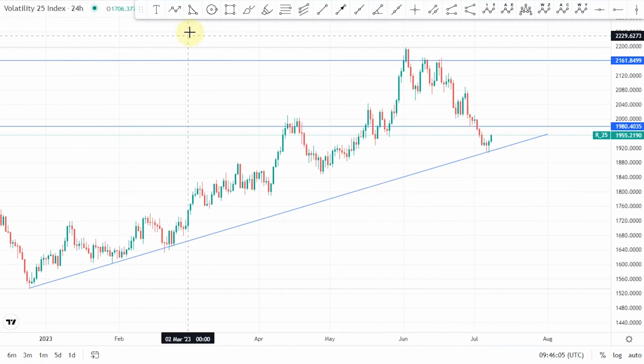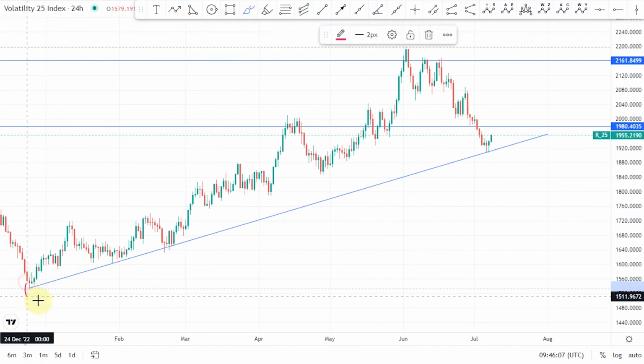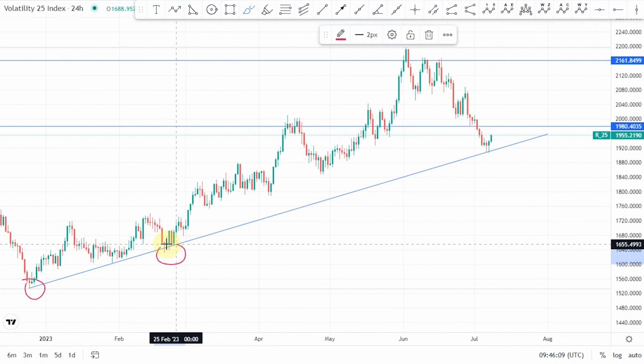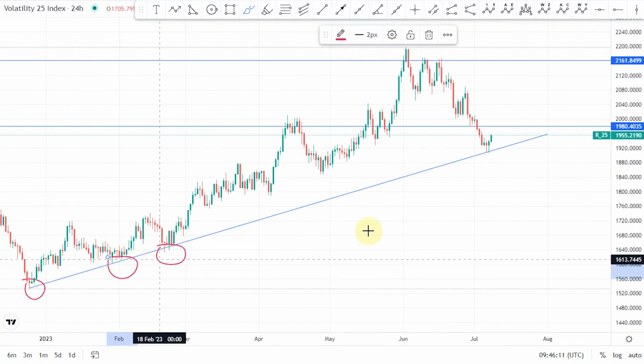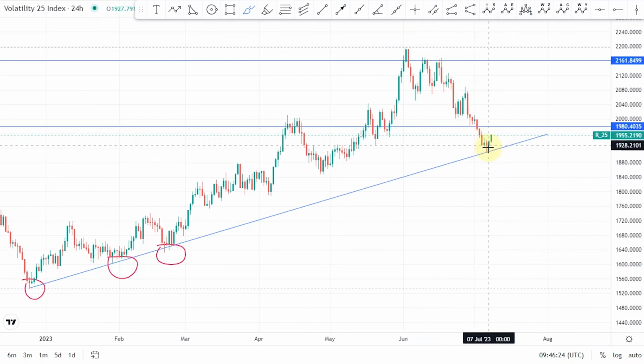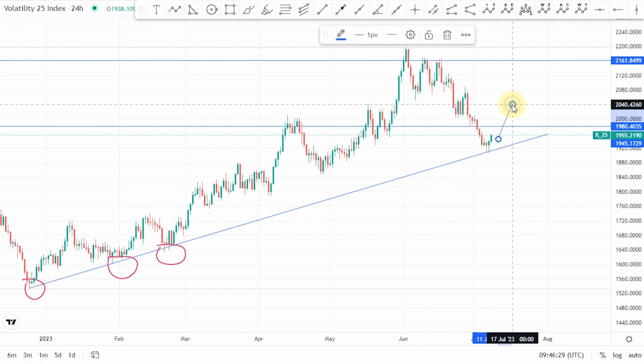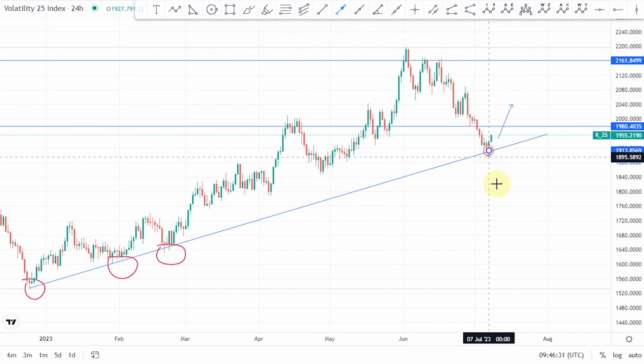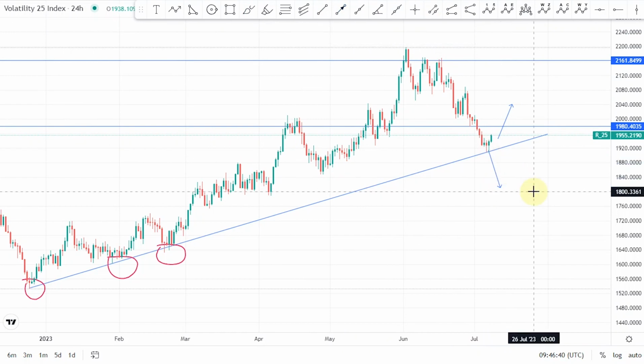We can see easily that the market has been on the trend line. Now the question is, at this region, is the market going to continue in the up direction, or is it going to break this trend line? That is the $1 million question to ask.